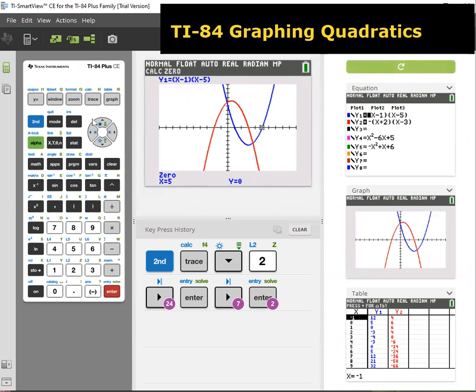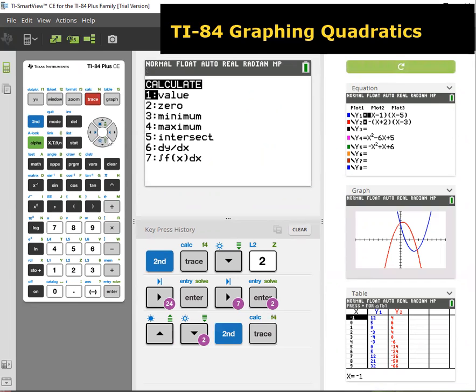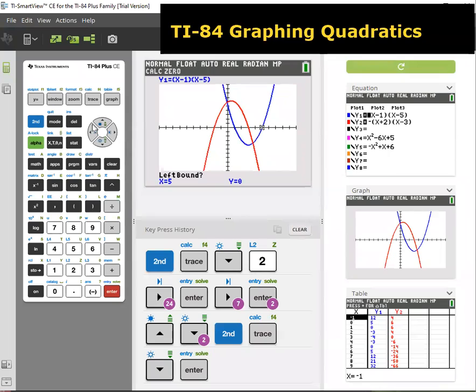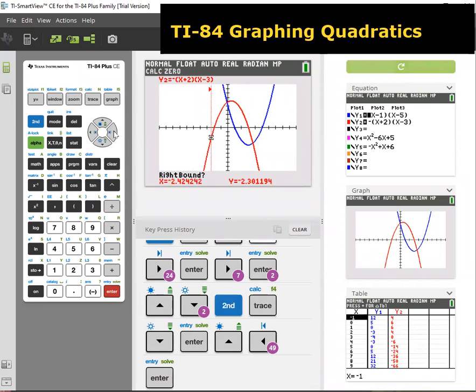If you want to switch to the other graph, you can click up or down. So if we switch to the red graph, for example, and we want to find the 0 that's at -2, I have to move the cursor all the way back. Since it's going from negative to positive, make sure I'm in quadrant 3, hit enter, a flag will come up.